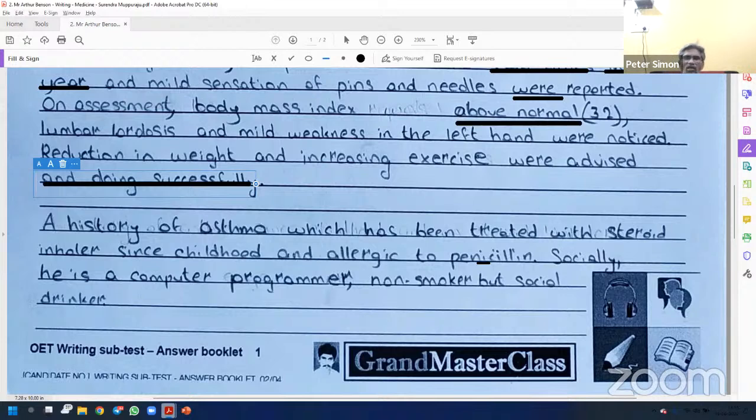So you can say: a history of asthma, comma, which has been treated with steroid inhaler since childhood, comma, has been reported. That means a history of asthma has been reported.